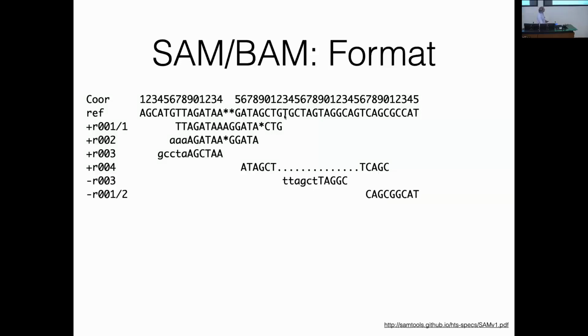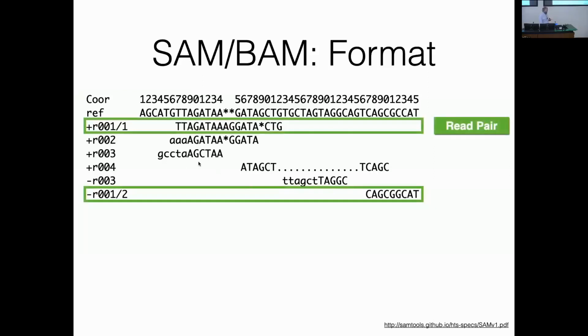So reference sequence, and here just a selection of reads. So some of these reads, like R001/1 and R001/2, are a pair of reads. Then there's some other funky stuff, different weird reads, and we can represent those with a BAM file.